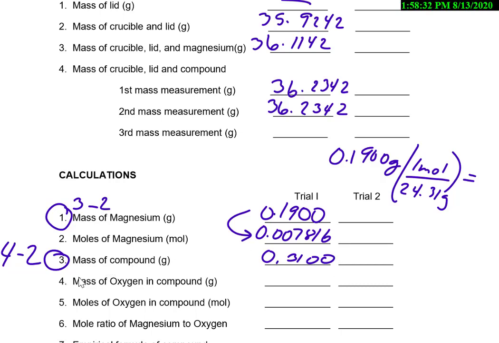So then if you think about this, here we're looking for the mass of oxygen in the compound. So this compound right here has magnesium and oxygen in it. So what we need to do is take the compound's mass, which we have, and subtract out the magnesium's mass so that we are left with just the oxygen. So in this case, the oxygen in the compound was 0.1200. And then to go mass to moles of oxygen, we're going to use our molar mass again.